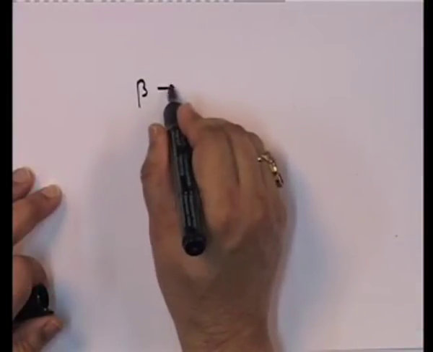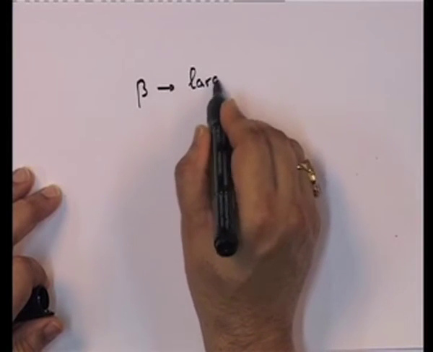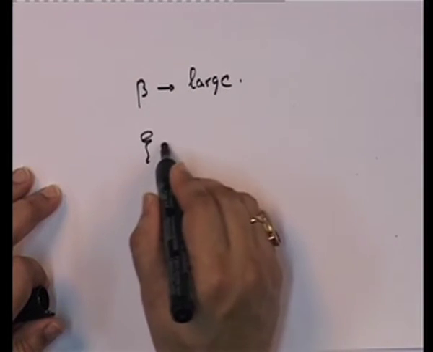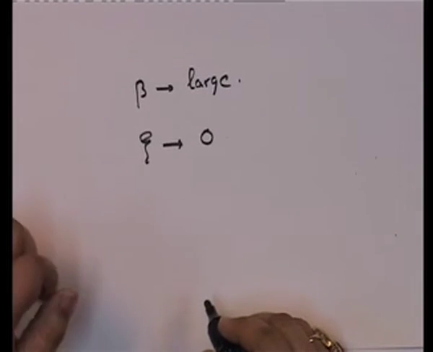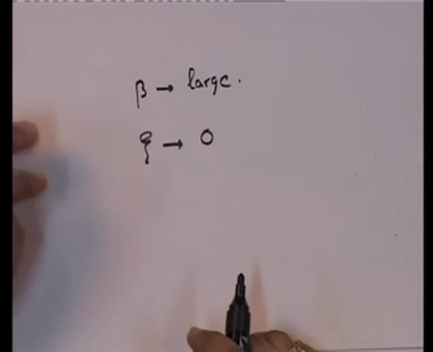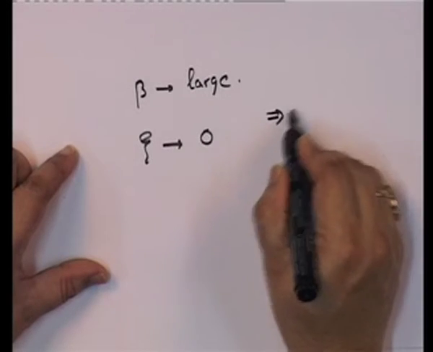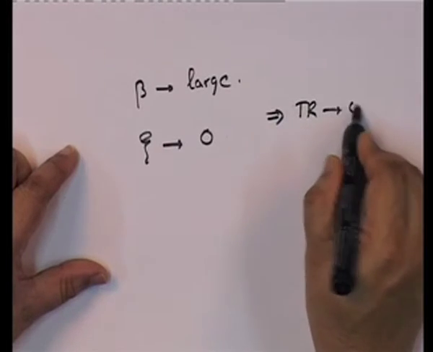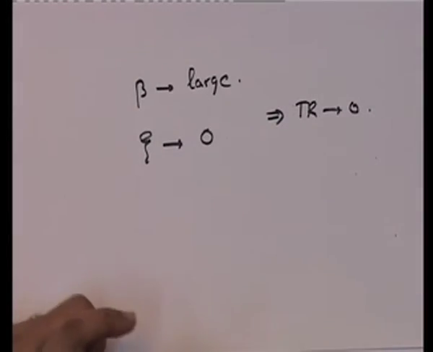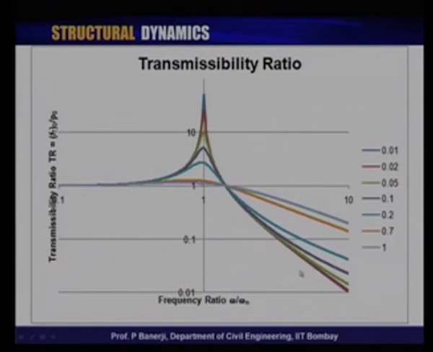What are we saying? Beta has to be large and xi should tend to 0. If beta is large and xi tends to 0, this implies the transmissibility ratio tends to 0. That is what we have seen from this. Beta large, xi 0, and the transmissibility ratio goes to 0 fast.